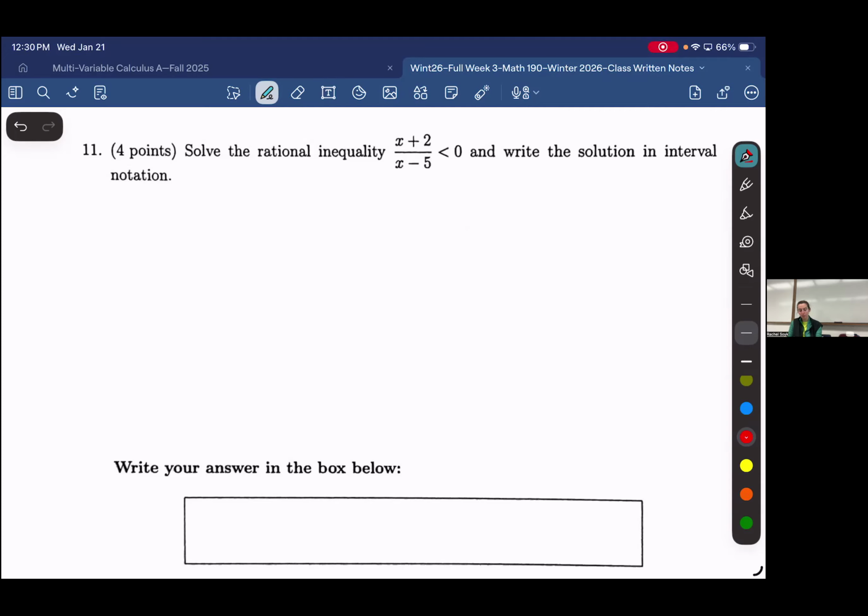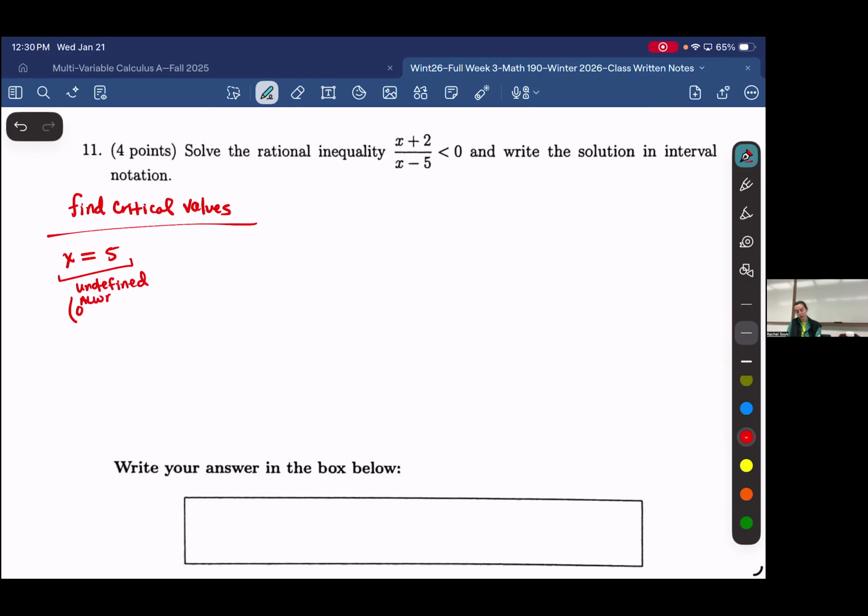Our second step is we want to find our critical values. And remember, critical values are values that make it undefined and 0. So we have a fraction here, which tells us that when x is equal to 5, it's undefined. And if it's undefined, are we going to have an open or closed circle?